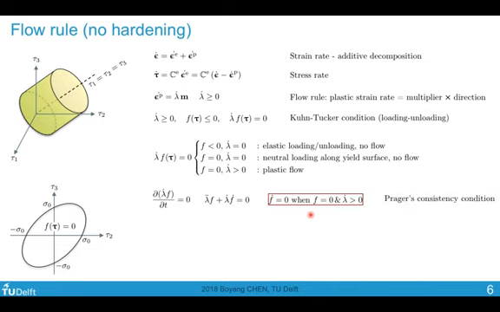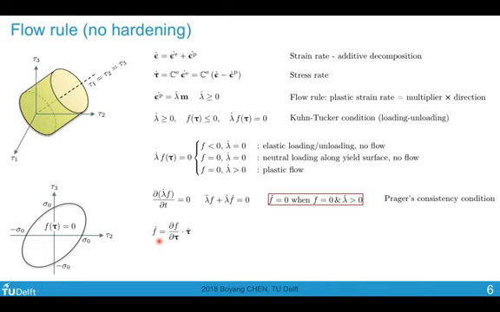This condition is very important because we have a rate form for lambda, which is the plastic multiplier, and now we have a rate form for the yield condition, which is a function of our Cauchy stress. Because we relate the Cauchy stress and plastic strain in rate form, this additional condition will come in handy when we want to calculate our plastic flow rate.